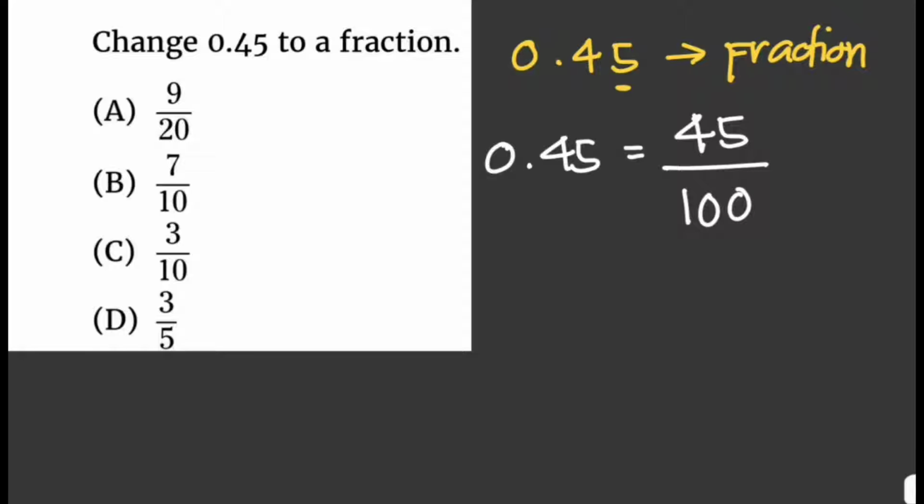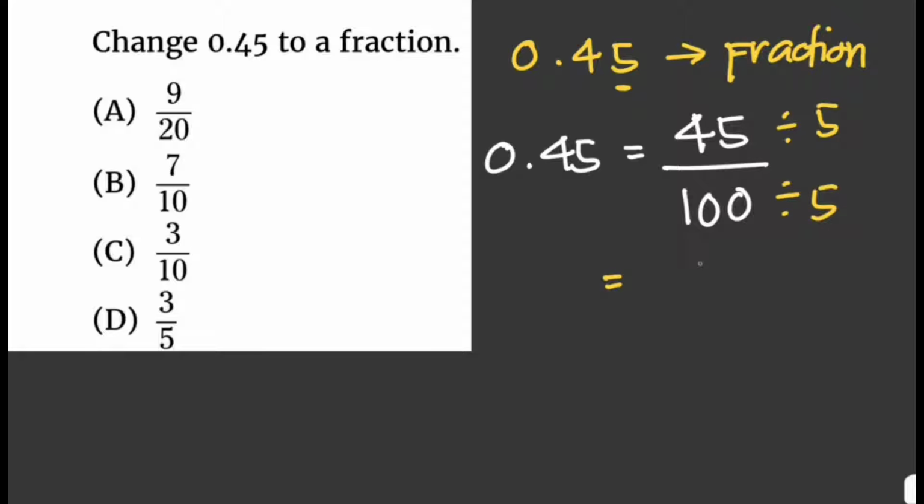And then we can simply divide the numerator and denominator by the greatest common factor. Take note here that both 45 and 100 are divisible by 5. Then we can divide both of them by 5.